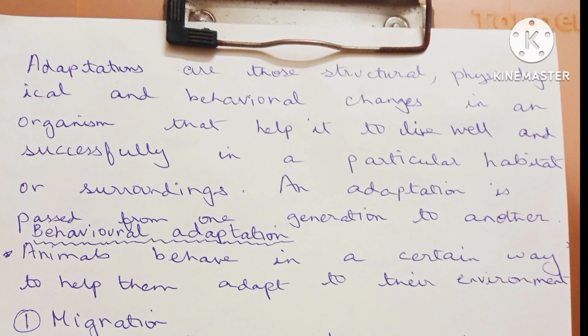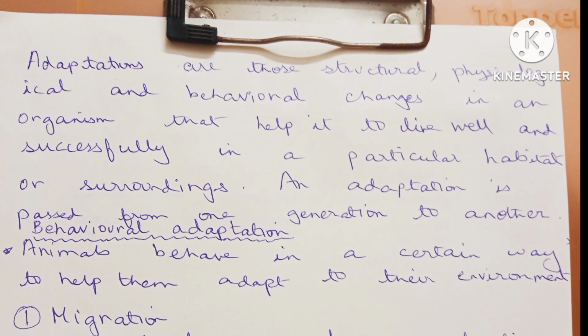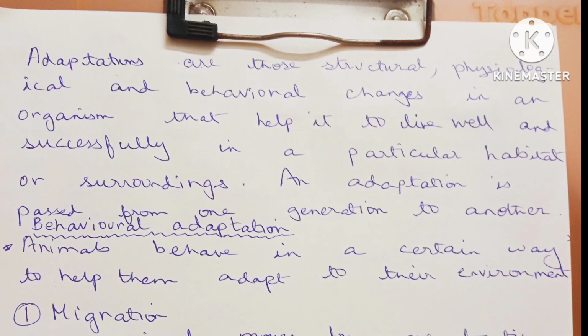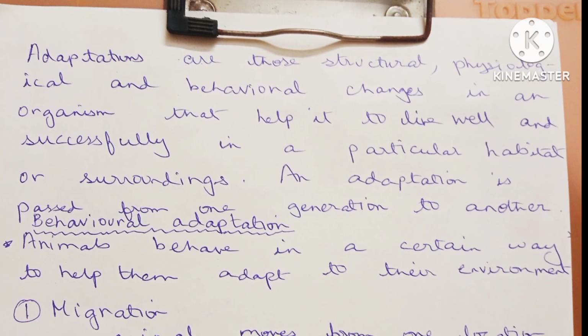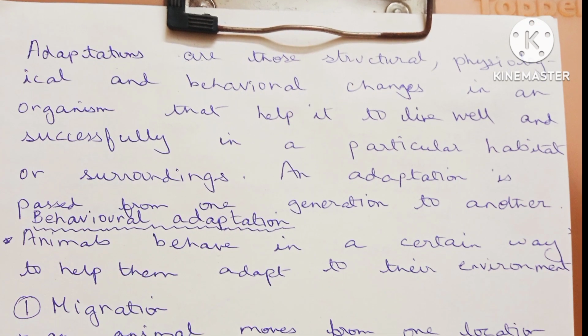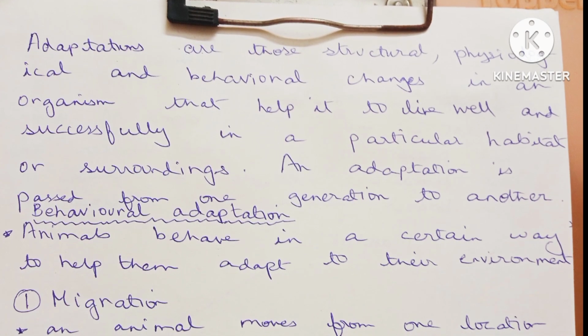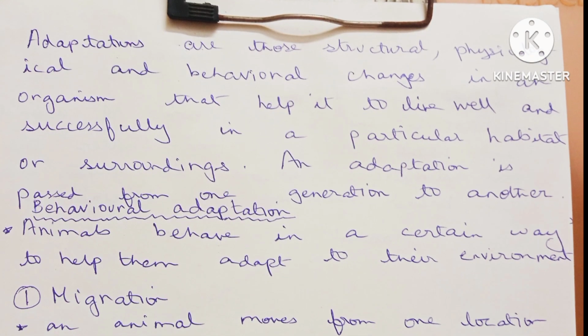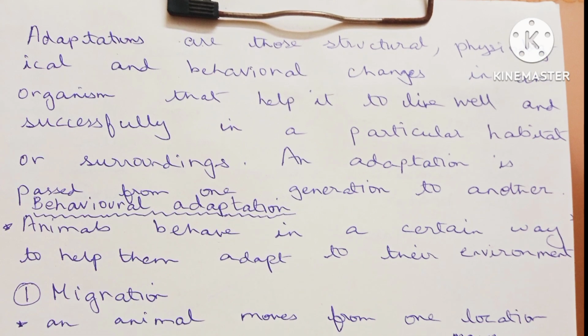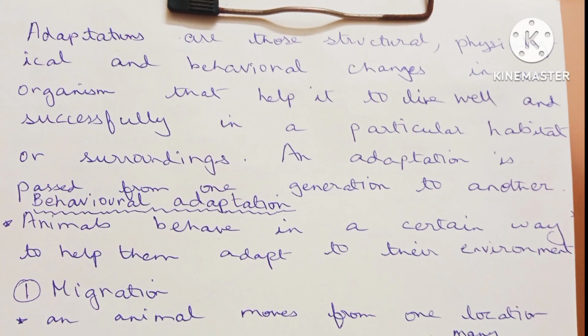What is adaptation? Adaptations are those structural, physiological and behavioral changes in an organism that help it to live well and successfully in a particular habitat or surroundings. Now, you must be understanding, children, what I mean by adaptation. They are structural, that is in structure.